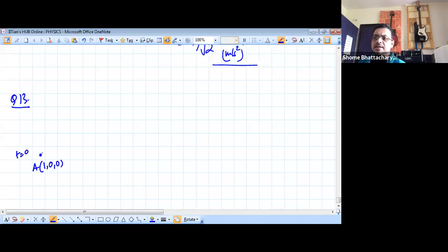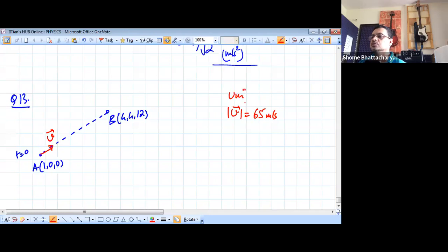And now it is moving directly towards another point B at which is at coordinate 4, 4, 12, and it's moving with a velocity which is of magnitude 65 meters per second.